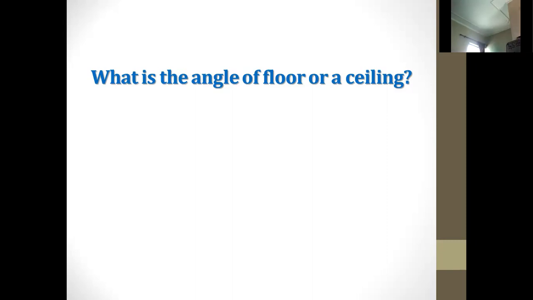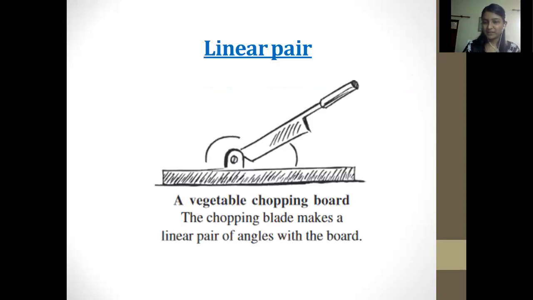So what would be the angle here? Also the floor is the same. What would be the angle? Yes, you are thinking it right. It would be a linear pair.